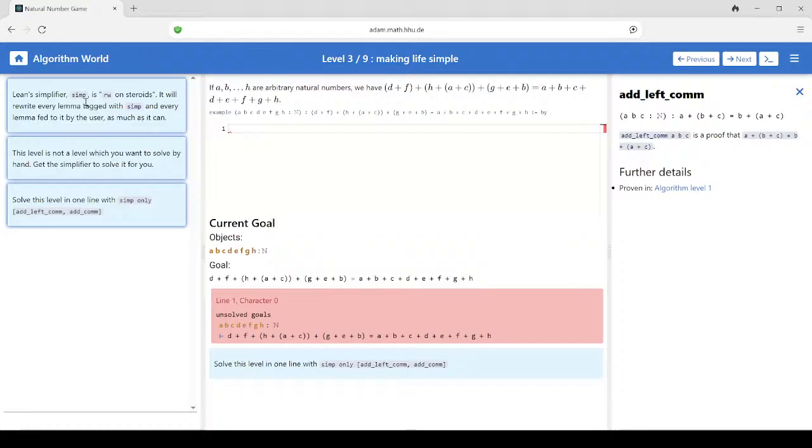Lean's simplifier simp is rewrite on steroids. It will rewrite every lemma tagged with simplify and every lemma fed to it by the user as much as it can.